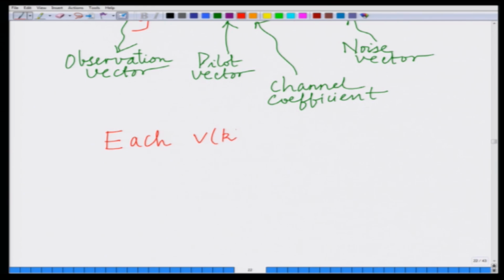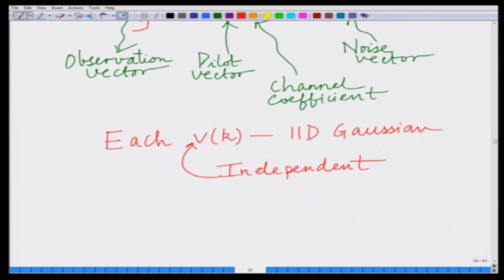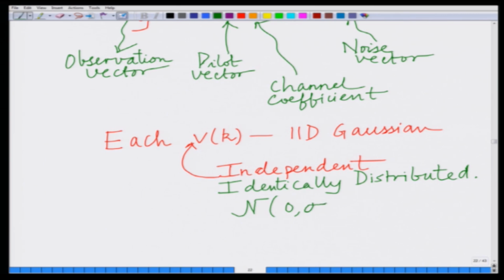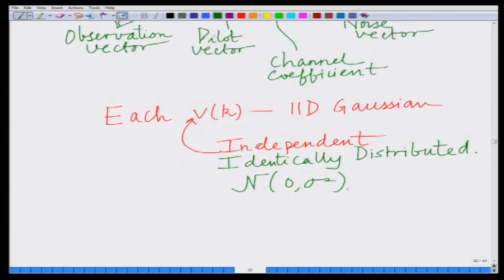Further, we are going to assume that each Vk is IID Gaussian, as we have seen before, that is, independent identically distributed as Gaussian, each with mean 0 and variance sigma square.